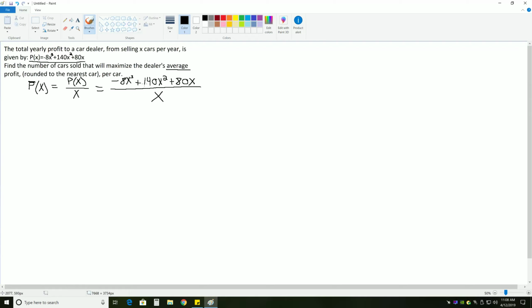And when we have this, we're just going to factor out an x from the numerator. All of our terms have an x in common. So we'll get x times negative 8x squared plus 140x plus 80 all over x.